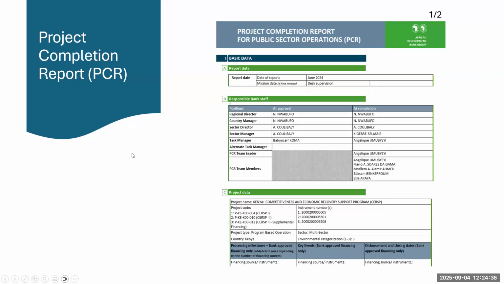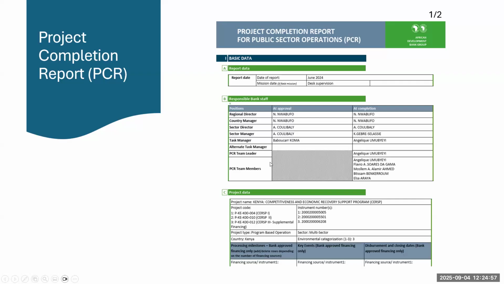Okay, now we go to the project completion report. So at the end, like I was saying, when all the activities are implemented, you have to write a project completion report. This is the section of this project completion report.